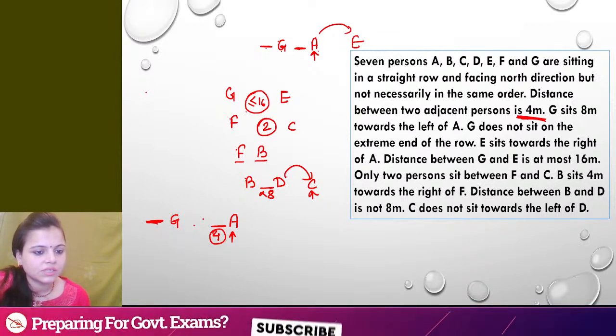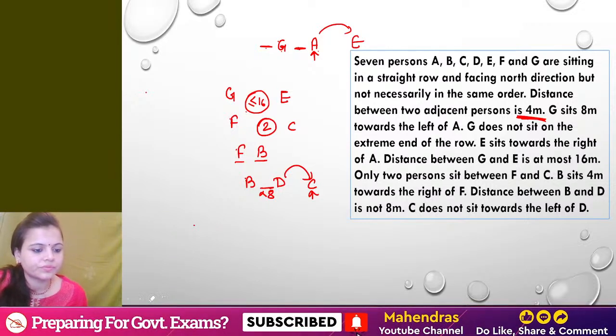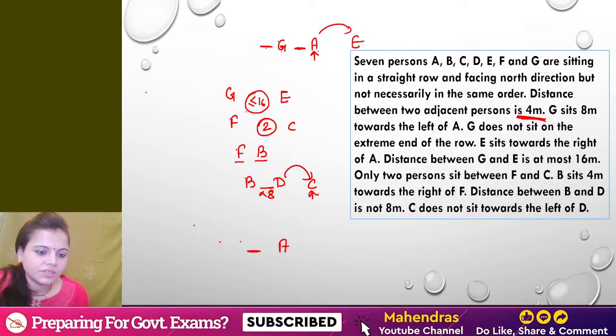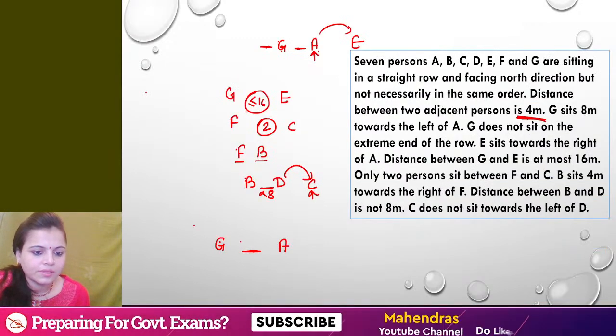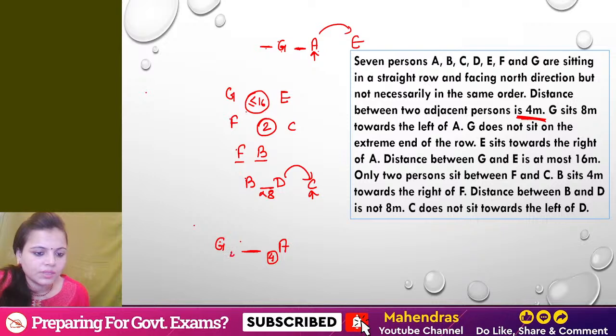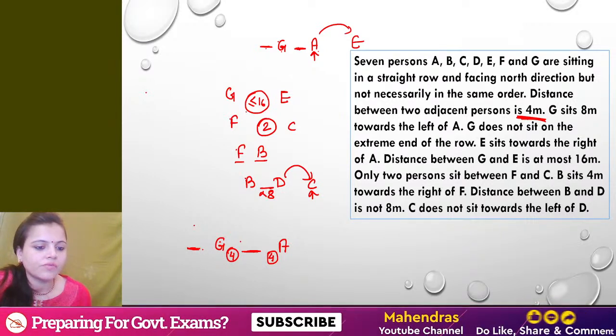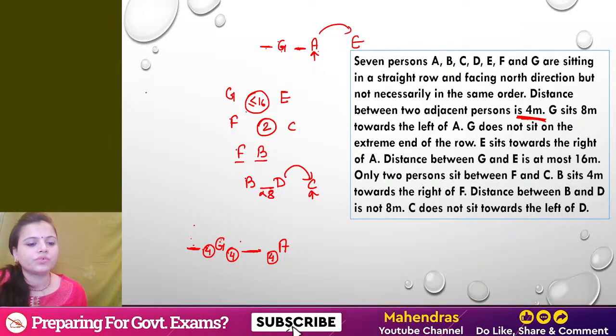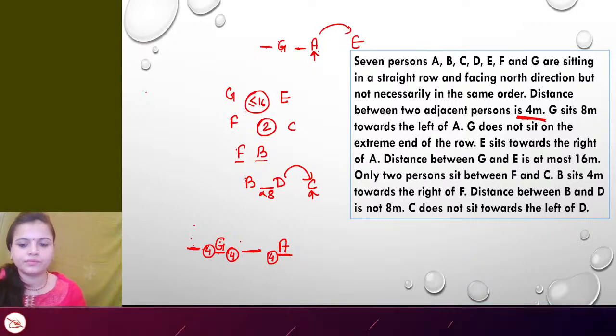A, one person, G. So this distance is 4, this is 4. After G, one person is there, 4 more. So 1, 2, 3, 4 places done.